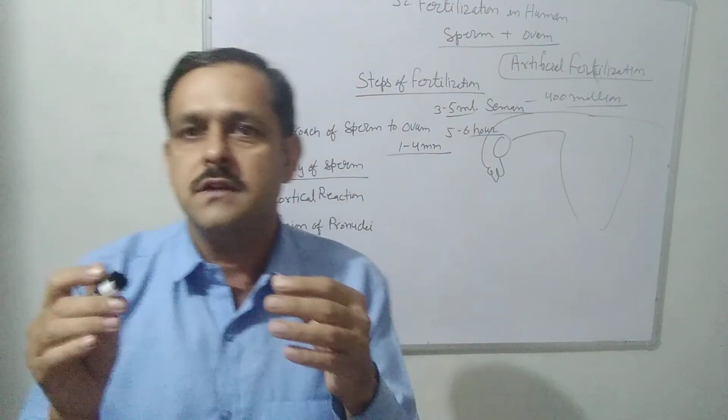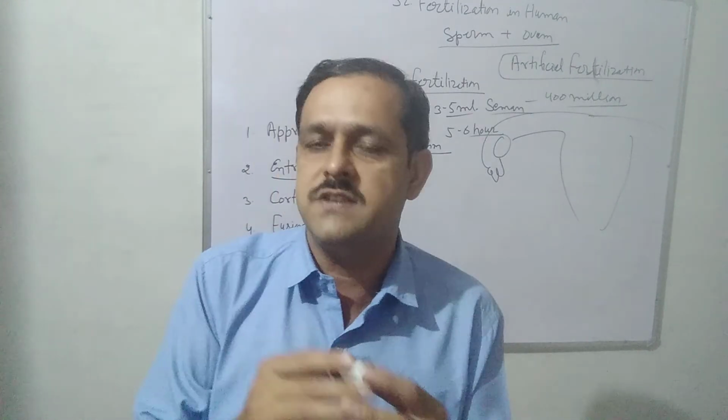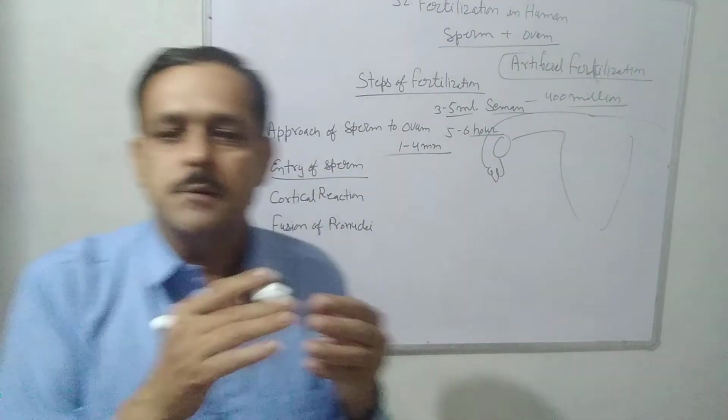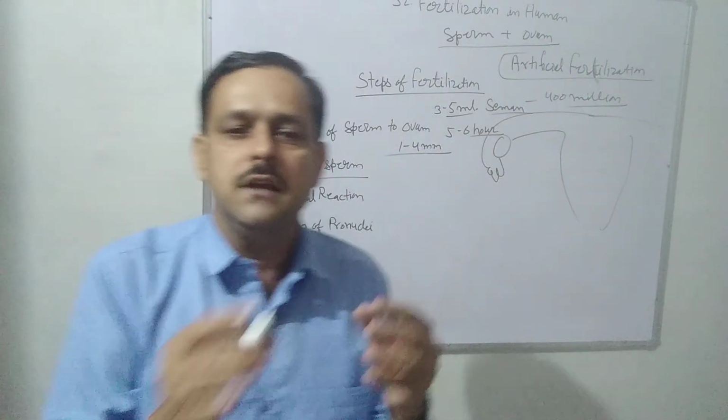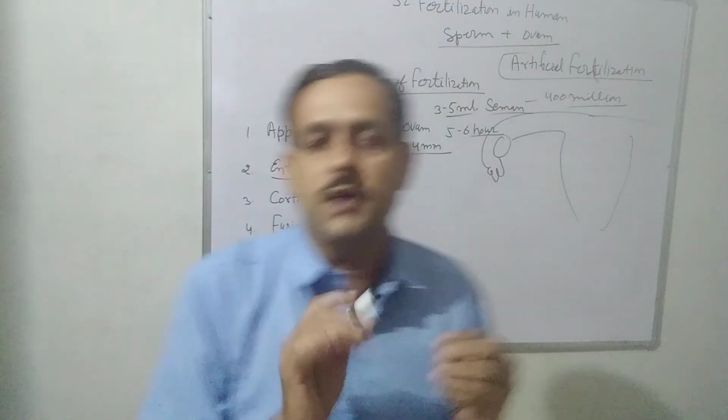So fertilizin is secreted by the egg and anti-fertilizin is secreted by the sperm. By the interaction of fertilizin and anti-fertilizin, ovum and sperm are agglutinated together.